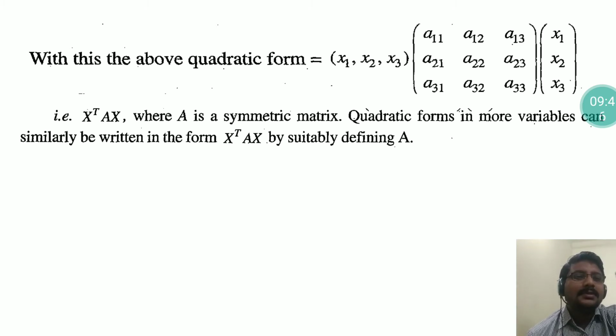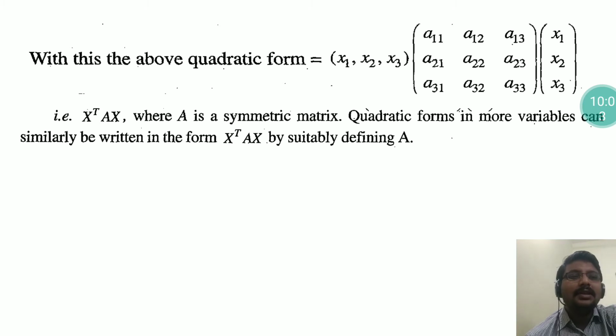Quadratic forms in more variables can similarly be written in the form X transpose AX, suitably defining A.